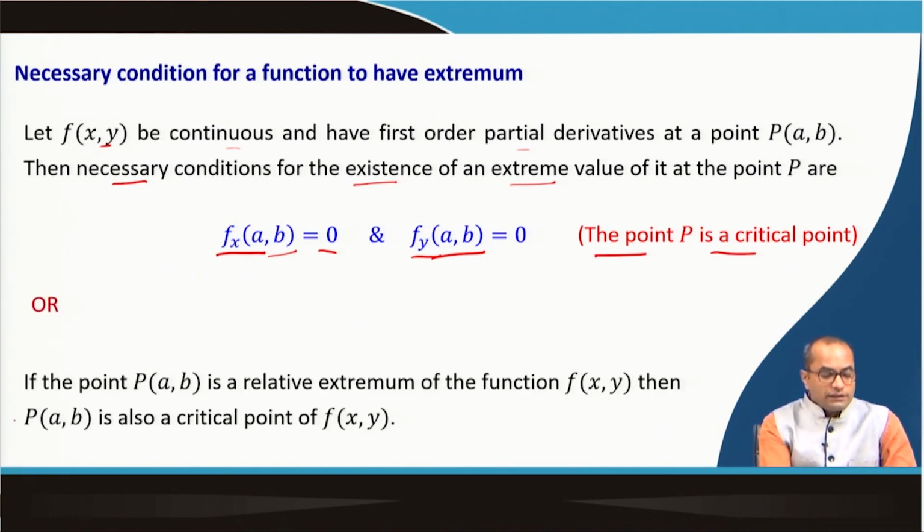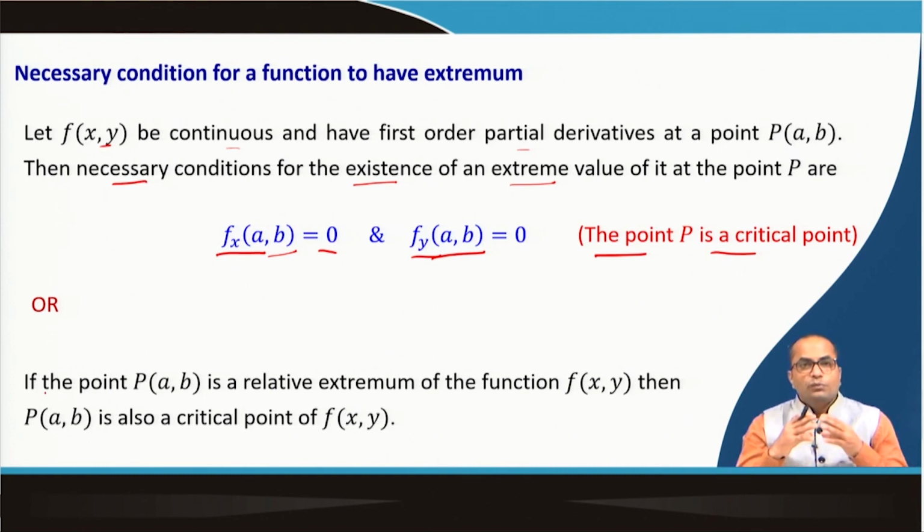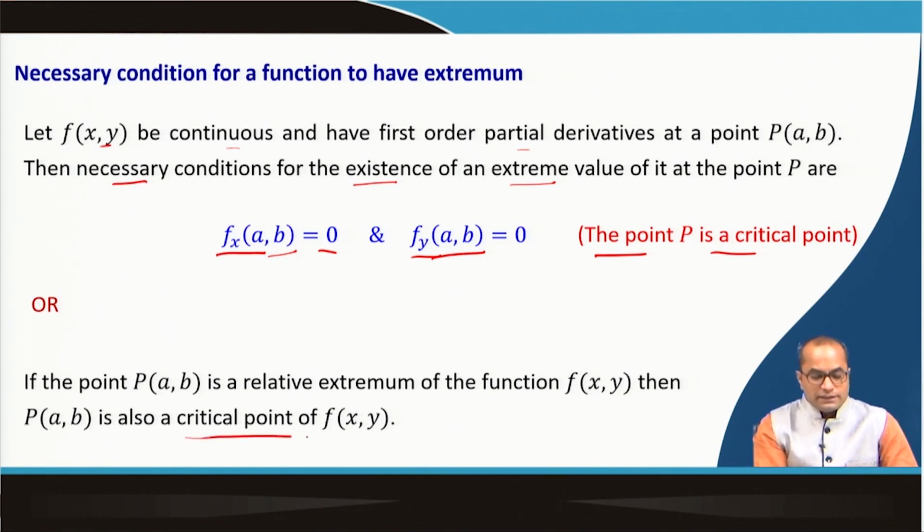In other words, we say that if the point p(a, b) is a relative extremum of the function, then p(a, b) is also a critical point of f(x, y). Again, this is a necessary condition for the relative extremum of the function f(x, y): this point should be a critical point.